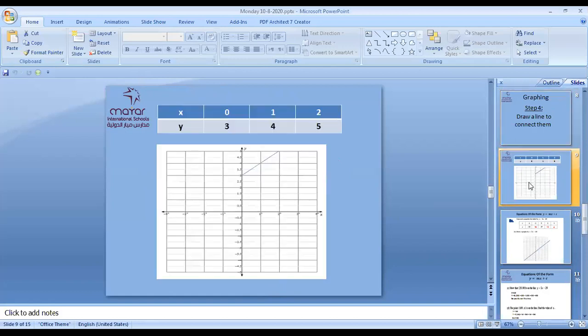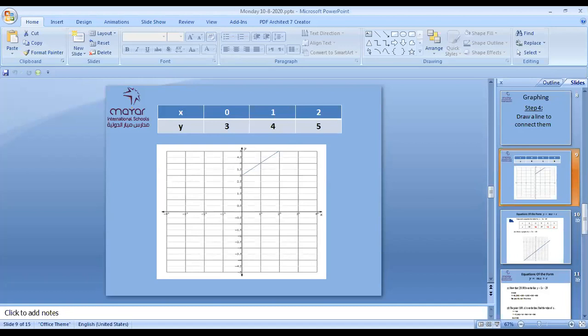Now, when you get the points, you can draw the line, draw them on the y-axis and x-axis, and just plot them. Again, these are 0, 3, 1, 4, 2, 5. And you get the 3 points, match them. So this is what you get for your equation. Be careful when you draw your axis.